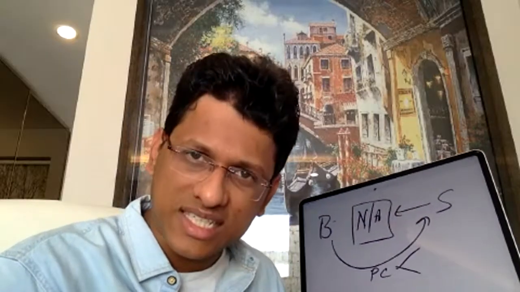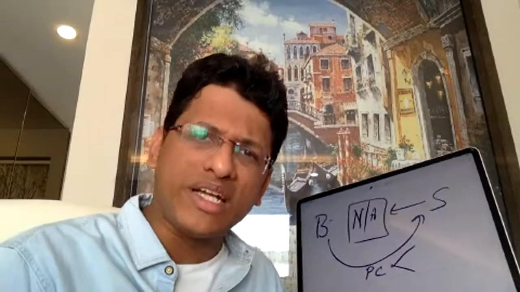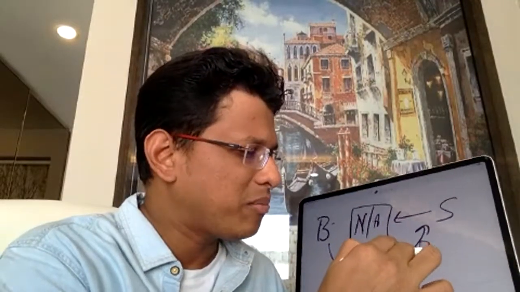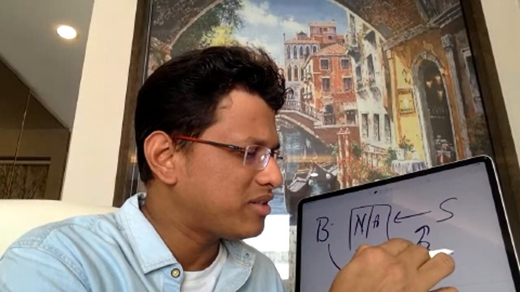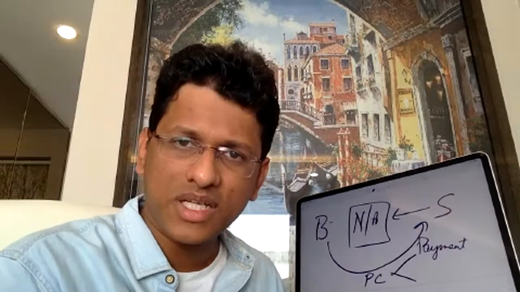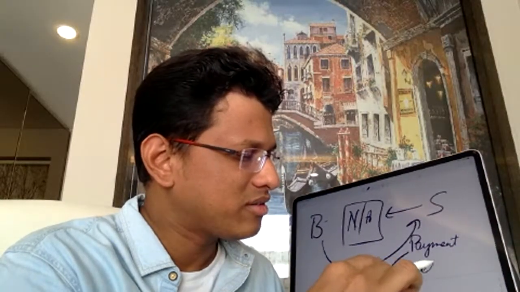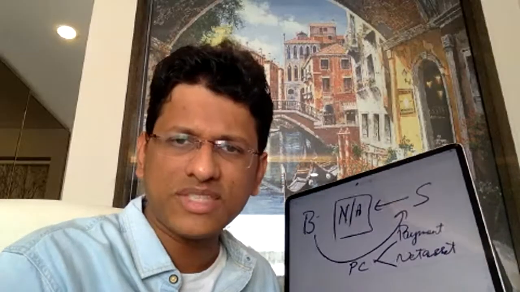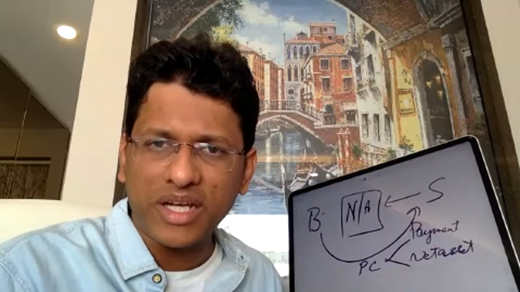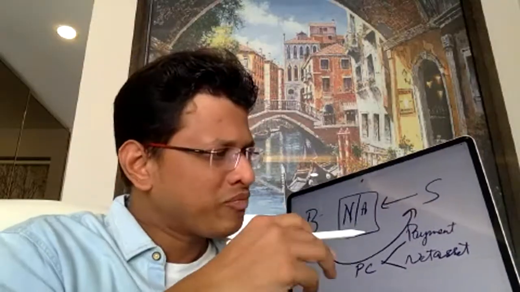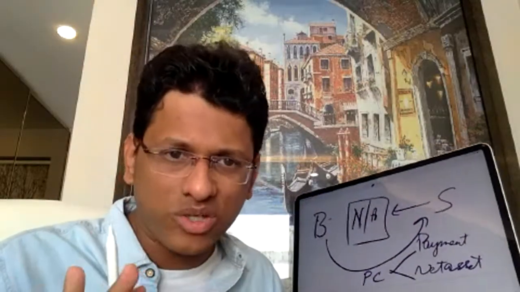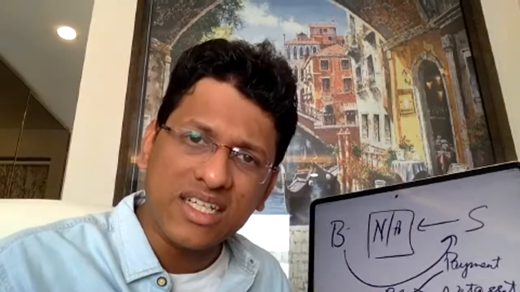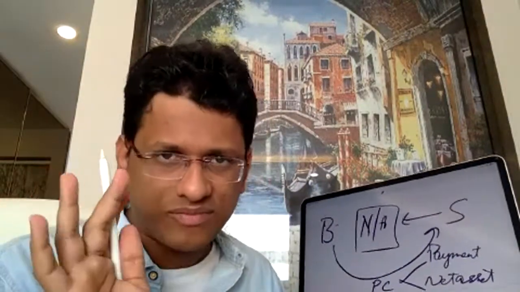This purchase consideration we may determine, as we discussed, as per payment method or net asset method. That is okay. But what we are getting from the seller is net assets.